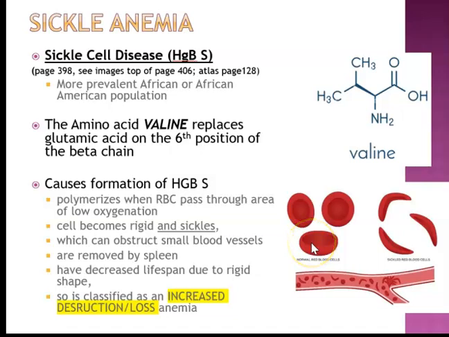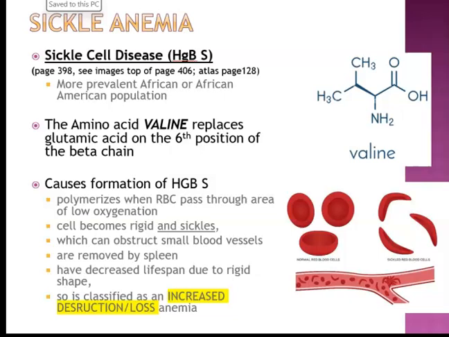And this is the normal red blood cell, and this is the sickle shape. So the cell becomes rigid and it sickles, which can obstruct small blood vessels. Your normal red blood cell is a biconcave disc, but the sickle that forms in hemoglobin S has rigid, rough edges, and it causes your blood vessels to become blocked because they cannot easily pass through those blood vessels.